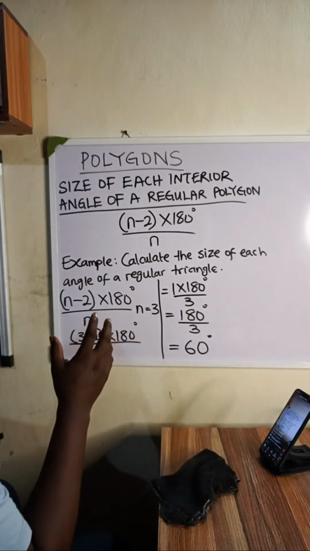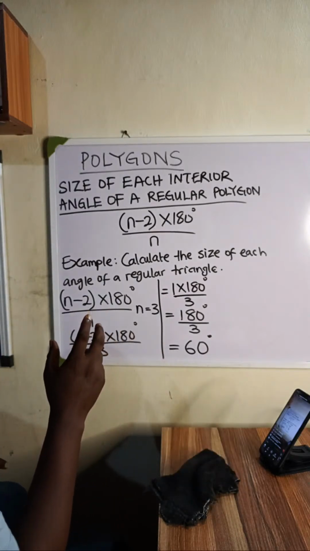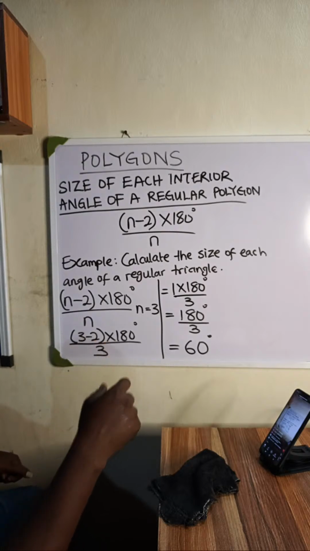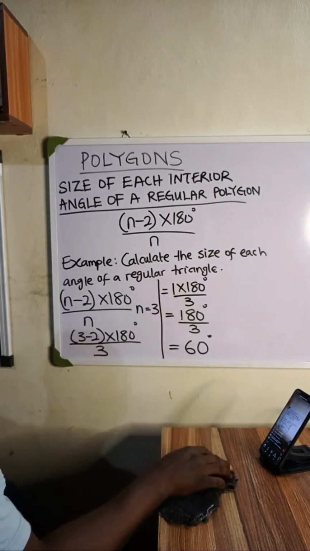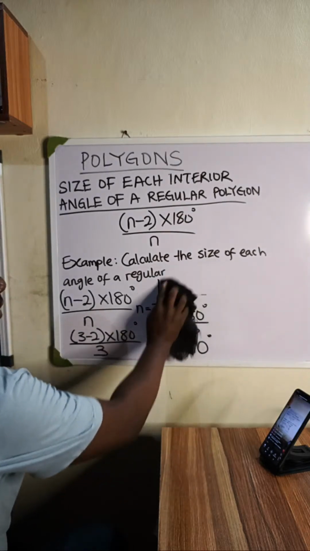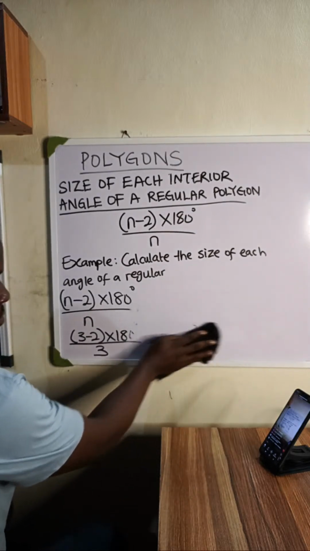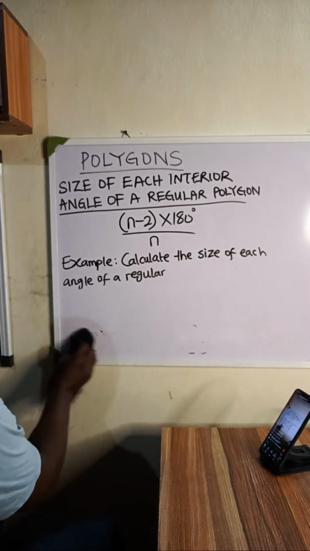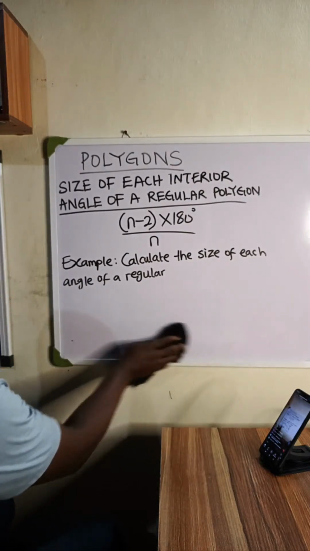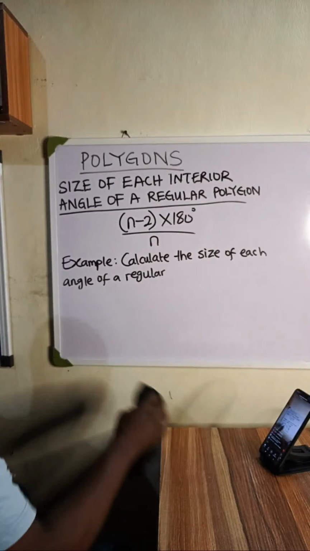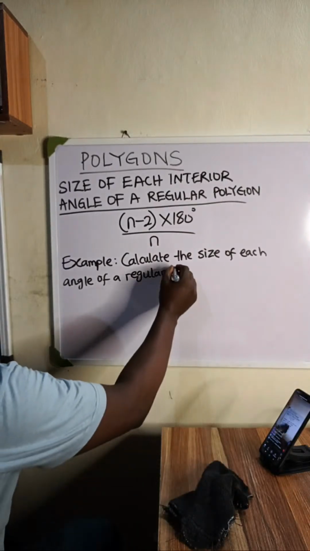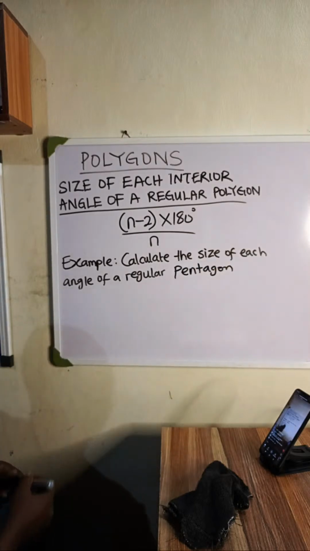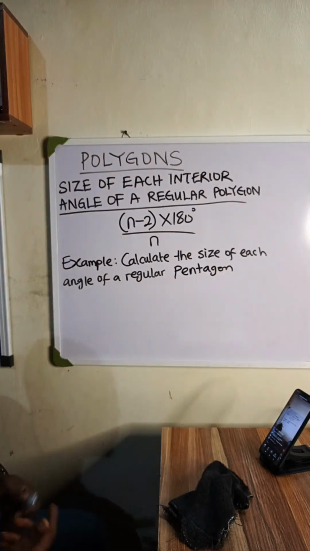So we've seen how to calculate the size of each angle of a regular polygon. We've considered a triangle. Let's consider a pentagon. A pentagon has 5 sides.